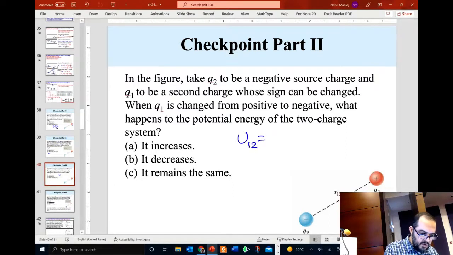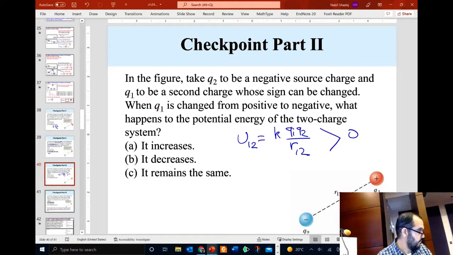We know the equation is K Q1 Q2 divided by the distance between them. Q2 is negative and Q1 is positive, so the product is negative. Okay, so now we change the charge Q1 from positive to negative. Sorry, so Q1 is negative and Q2 is negative, and negative times negative gives you positive.